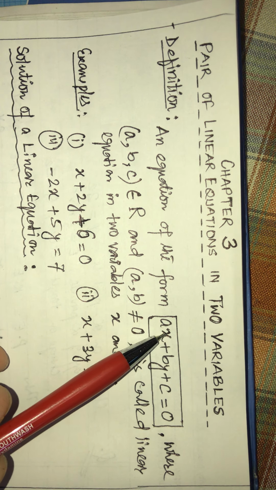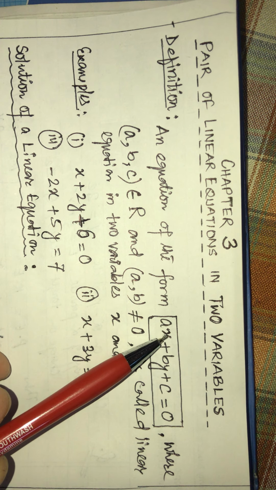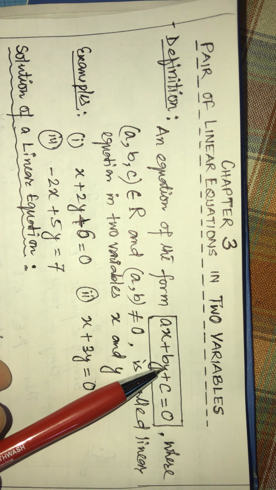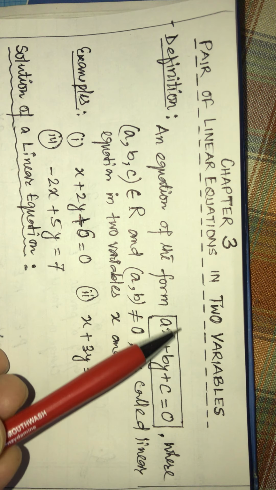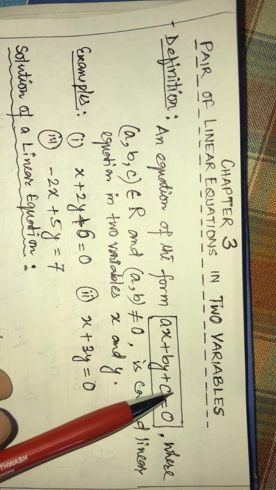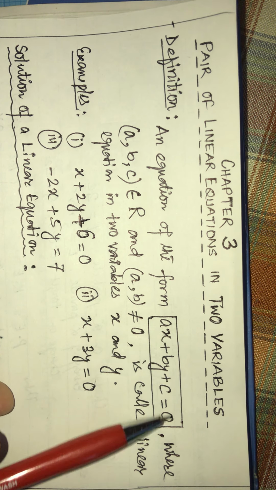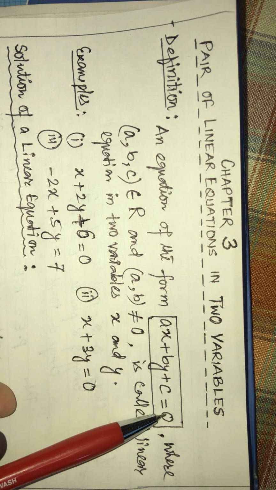Once again, such real values of x and y, which on substituting in place of x and y, when we solve the left hand side, when we add or subtract, it must come to 0, meaning both sides should be equal to each other.